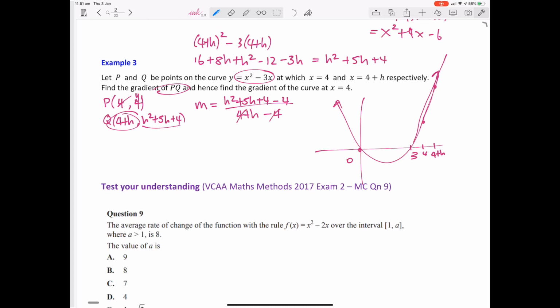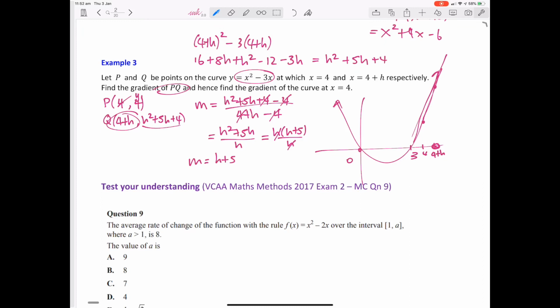So our 4's cancel, and I end up with h squared plus 5h on h. We can take out h as a common factor, h plus 5 on h. They cancel, so we say m is equal to h plus 5. So that's what our gradient is. It depends on what the value of h is as to how steep our gradient is.